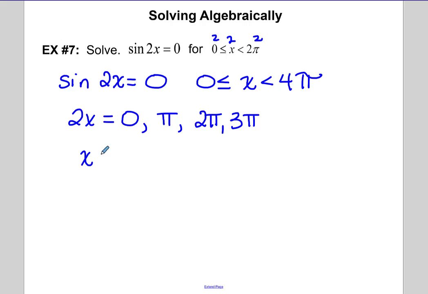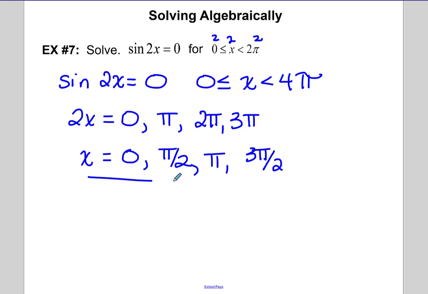So solving for x, I'm going to get 0, pi over 2, pi, and 3 pi over 2. And again, you can check that with your calculator.